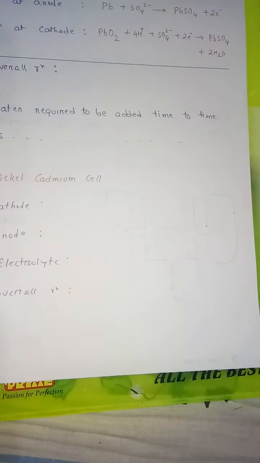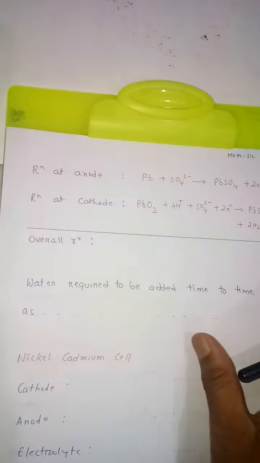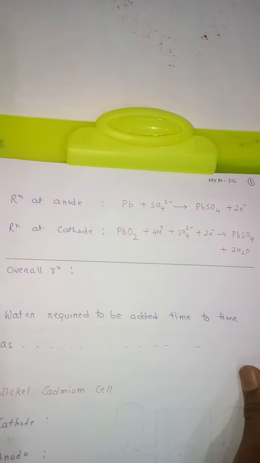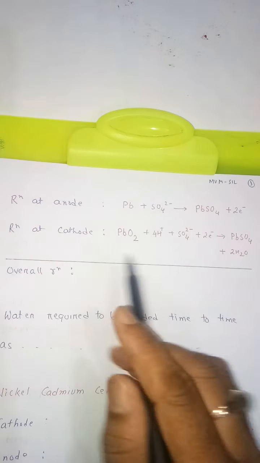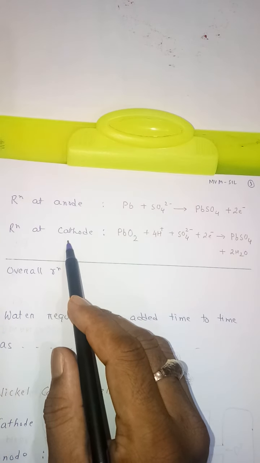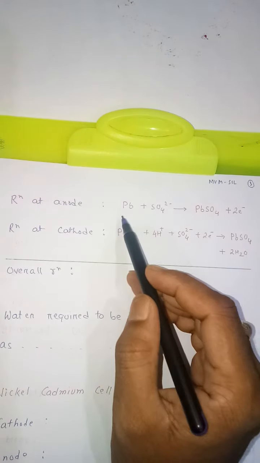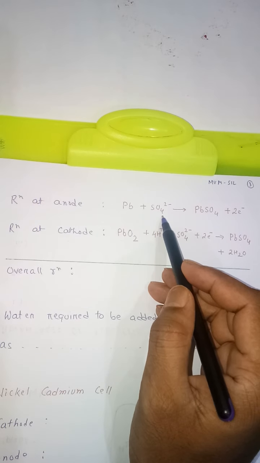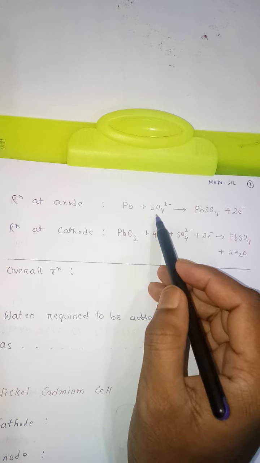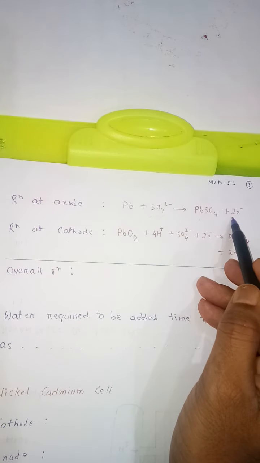So from this, the next point is that in the lead storage battery we have some reactions. Reaction at the anode. The anode we have already discussed, we have taken lead. Reaction at the cathode, we have taken lead dioxide. So lead reacts with SO4 2-, which comes from H2SO4, to give PbSO4. 2 negative means 2 electrons, which you show on the right side.